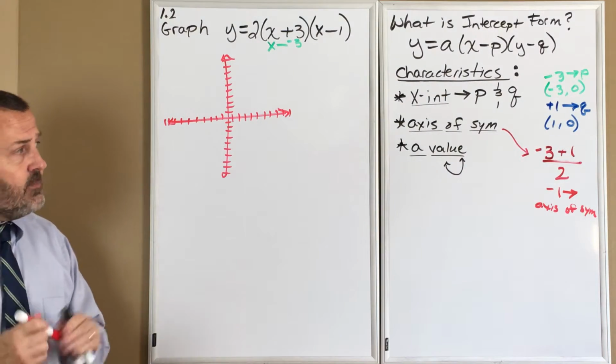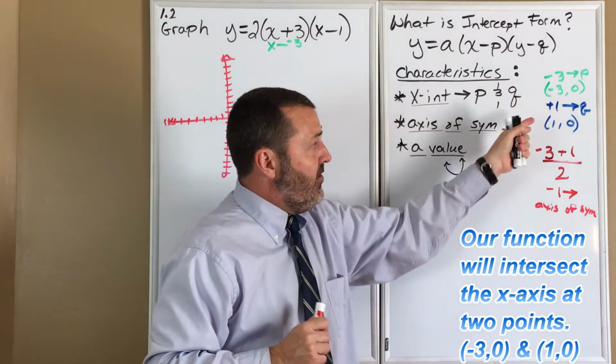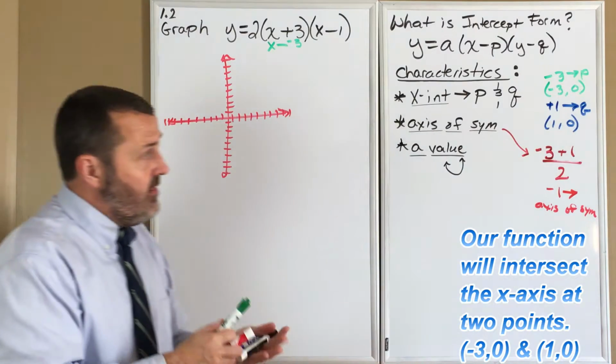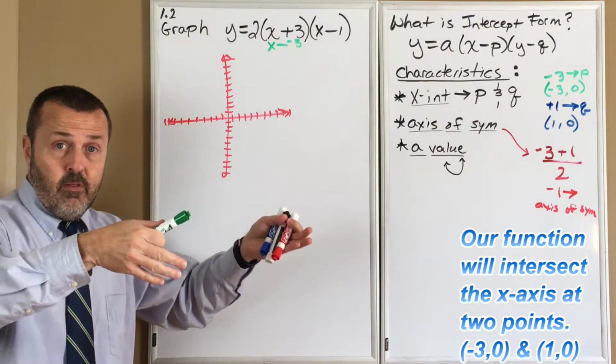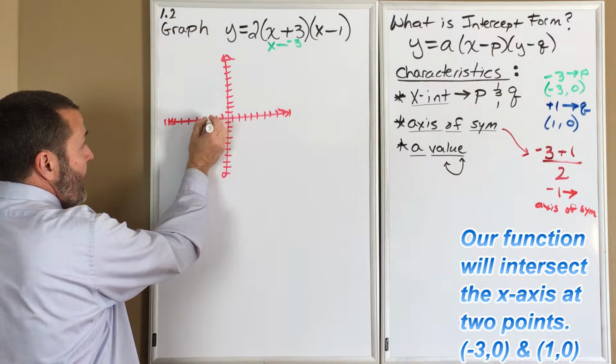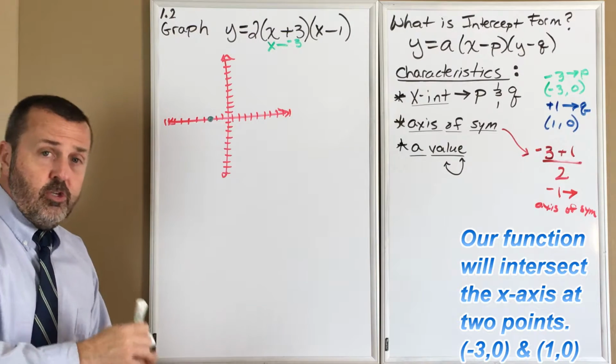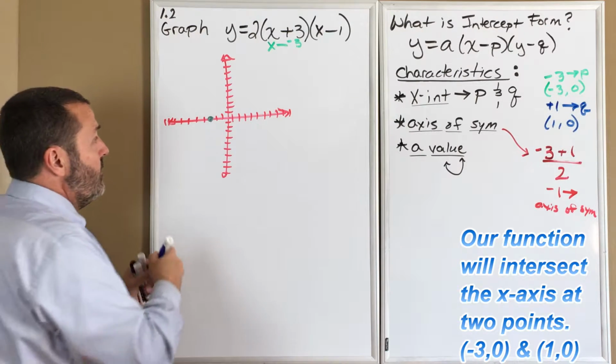Now, let's go ahead and put some points on here. We know the green ordered pair and the blue ordered pair, those are where the x-intercepts are. So we've got one at x equals negative 3, and we've got one, we'll use blue ink, keep it consistent, right here.